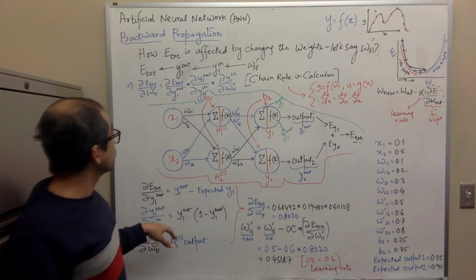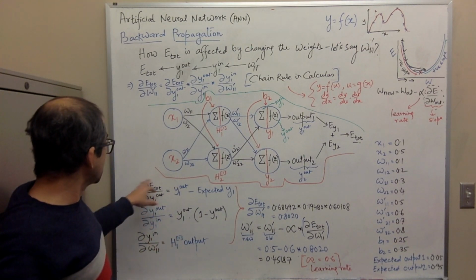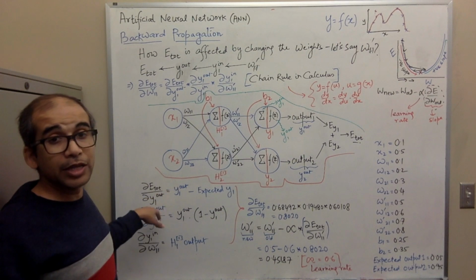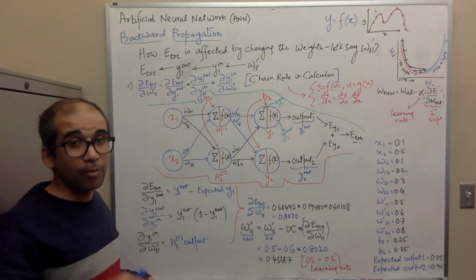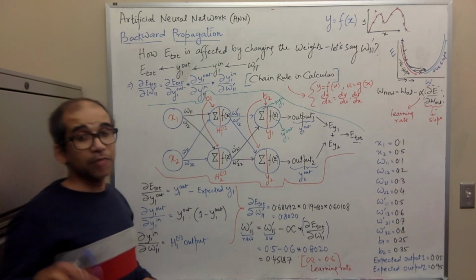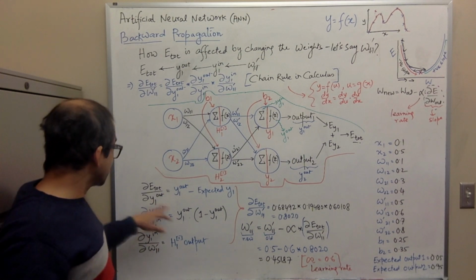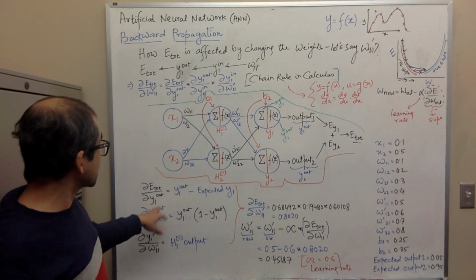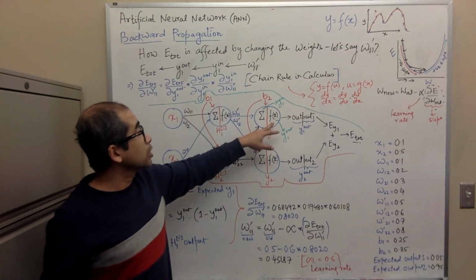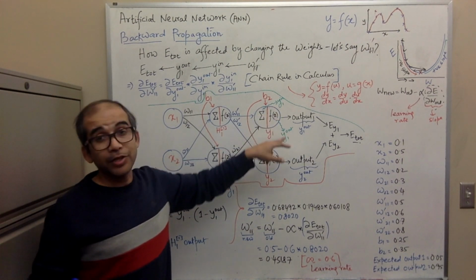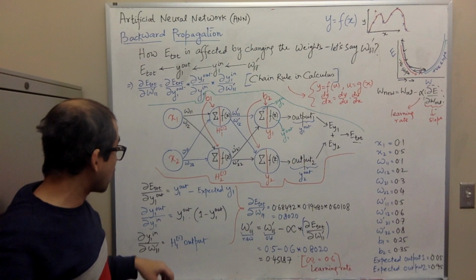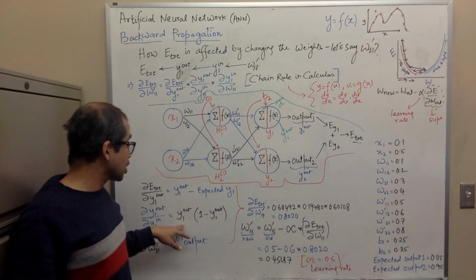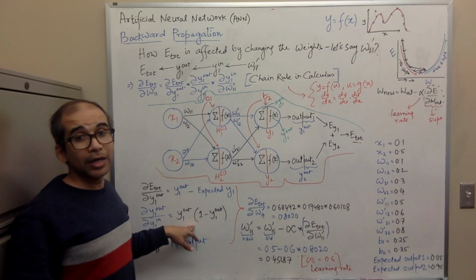The derivative is that of the error function, if you remember, the sum of half times expected minus actual, whole square. The second one, del Y1 out divided by del Y1 in, is the derivative of the activation function, the sigmoid function, which is Y1 out times 1 minus Y1 out.